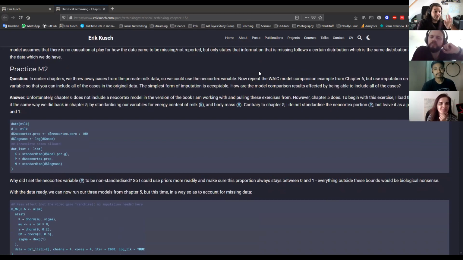Practice M2. This is where we finally get into R code. And let me tell you, compiling this exercise document for the website was a pain, because apparently when you run too many Stan models through R Markdown, they all get assigned to the same model while it's being compiled.